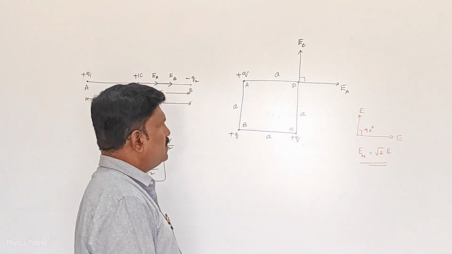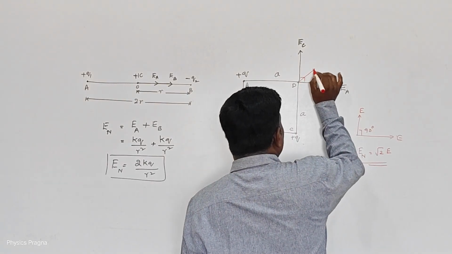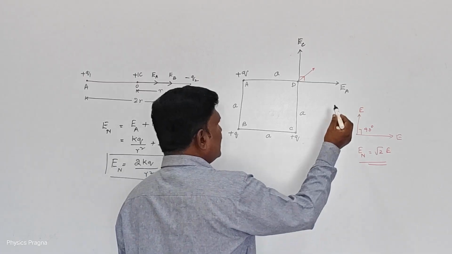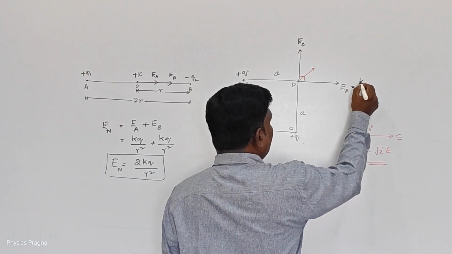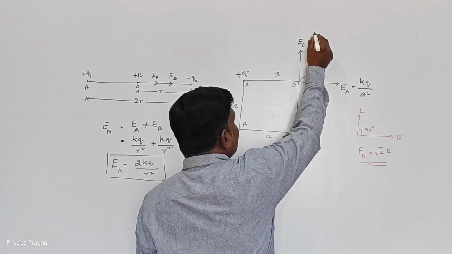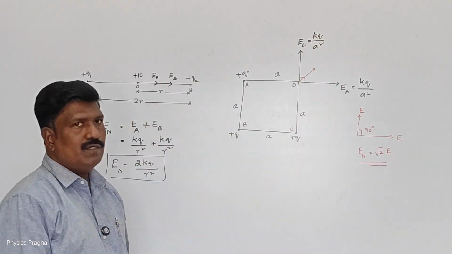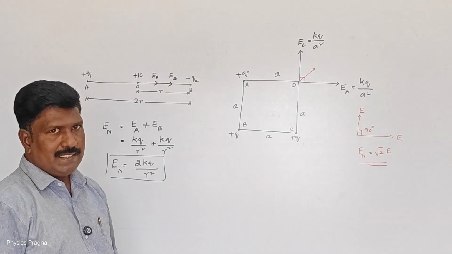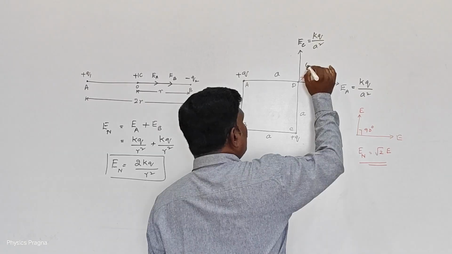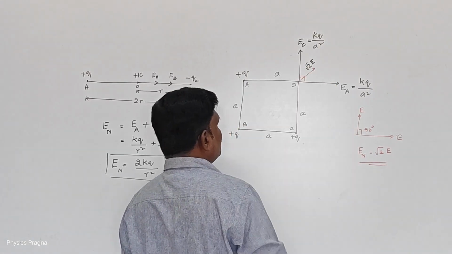Both charges are Q and the distance is a only. The formula is kQ by a square, and this is also kQ by a square. Both E_A is equal to E_C. That's why in this direction, root 2 E will be there. E is the resultant of these two.